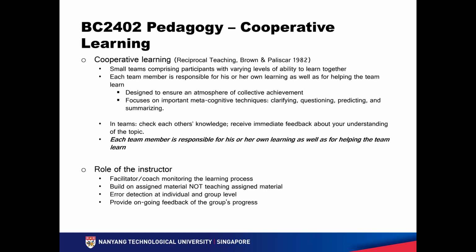We will be adopting the cooperative learning approach. You will be sitting in small teams, and it is expected that each one of you will have a slightly varying level of ability to learn individually, but collectively we do expect a good complement among each of you in a team.